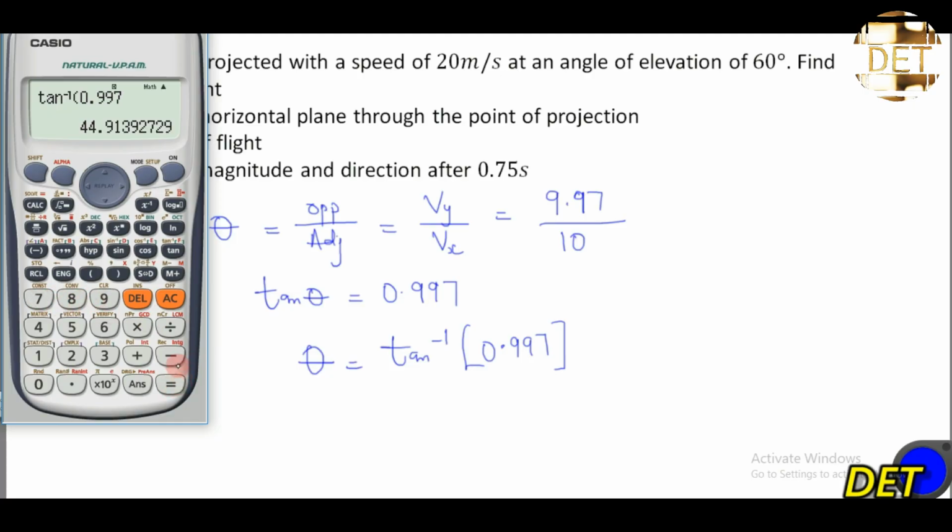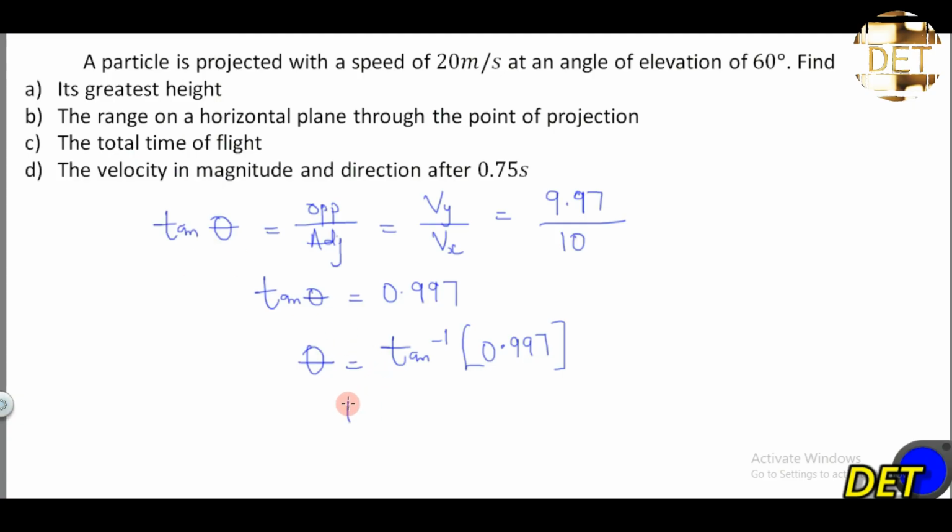That will be equal to 44.9, so my theta is 44.9, which is approximately 45 degrees, right? So this is our answer to this question. Very simple and straightforward, right?